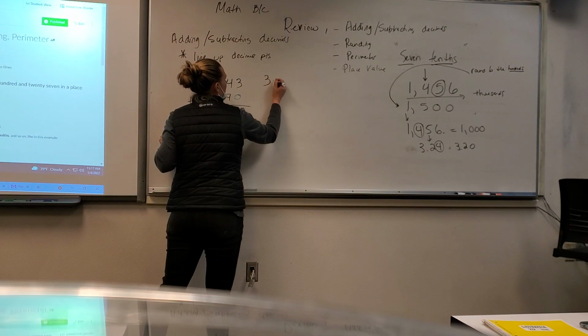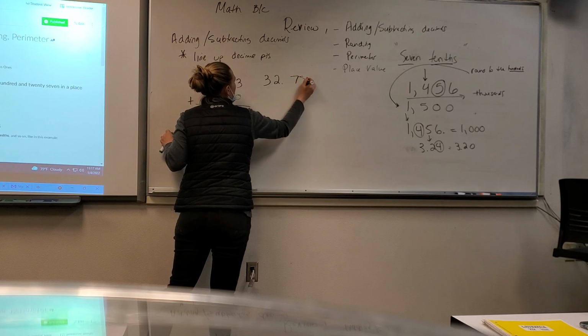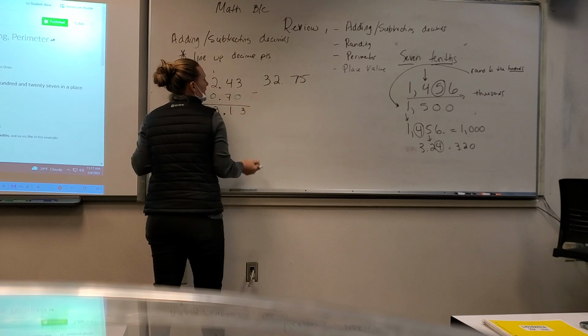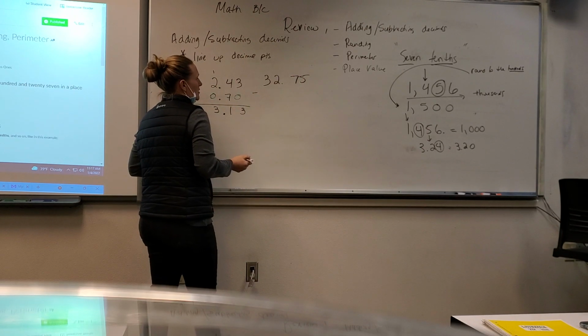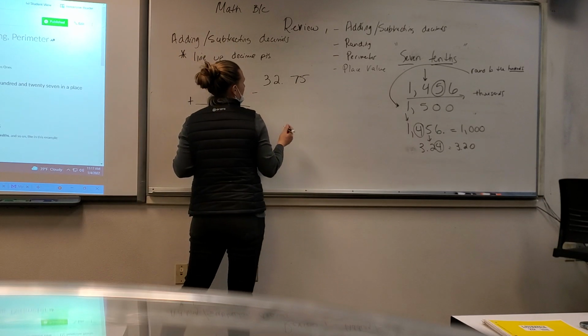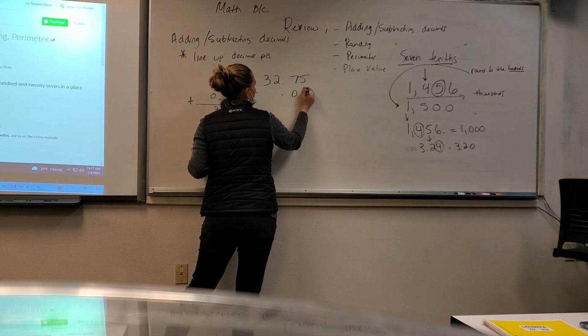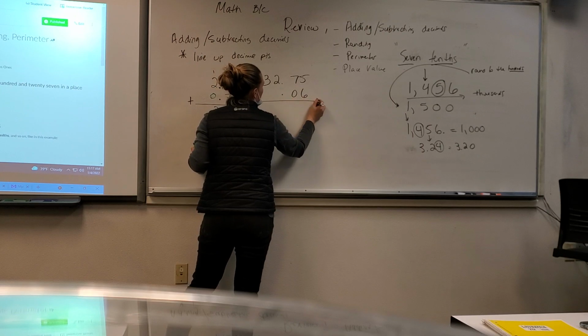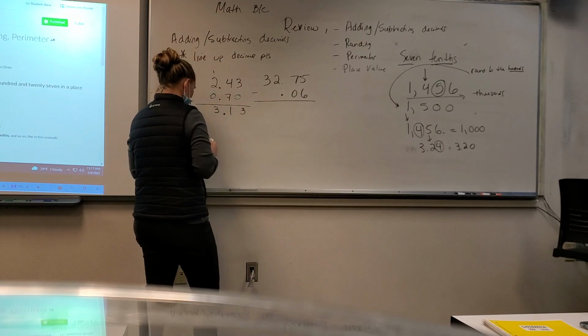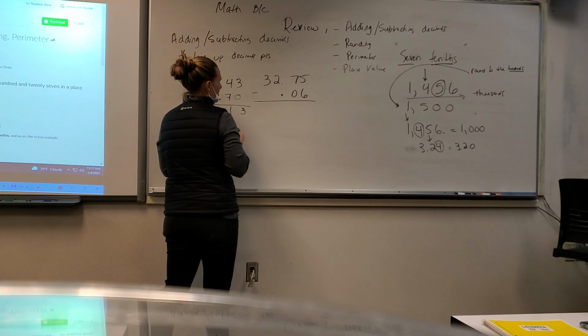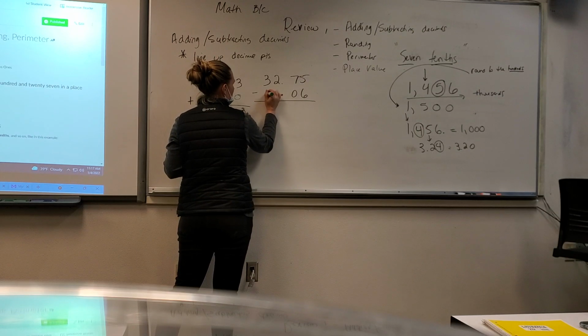If I have 3275 minus, let's do 0.06. Okay, I line up my decimal points. I fill in my open spaces with some zeros.